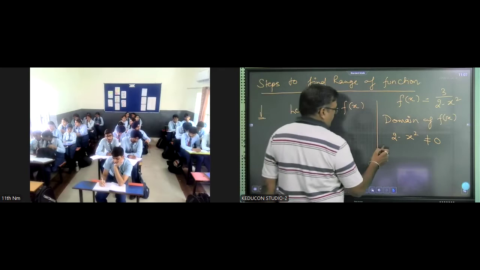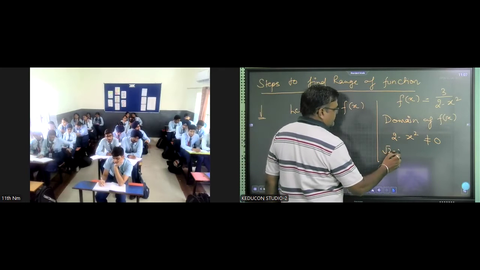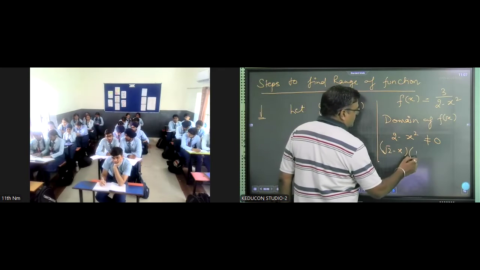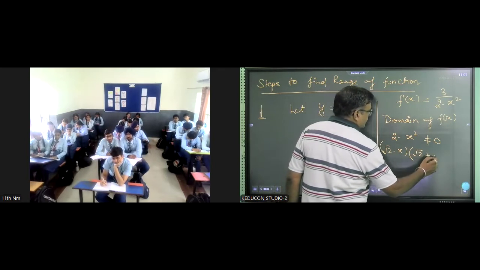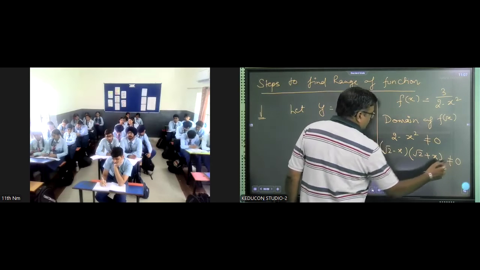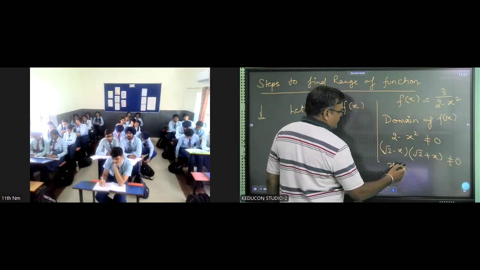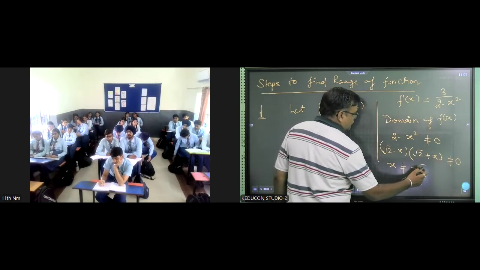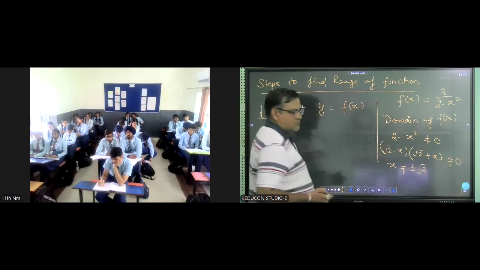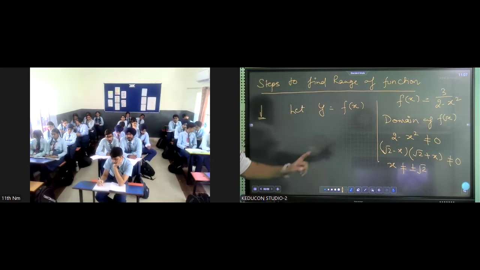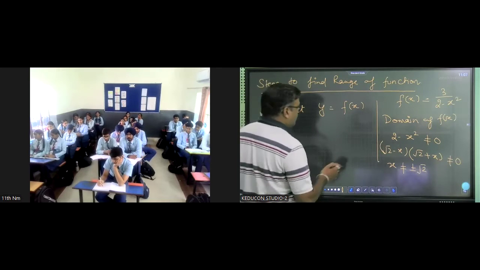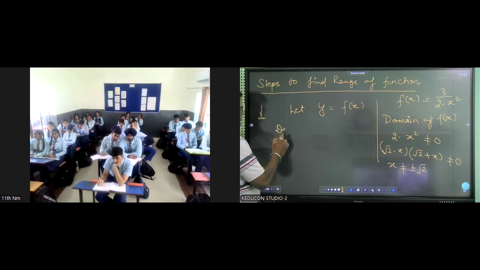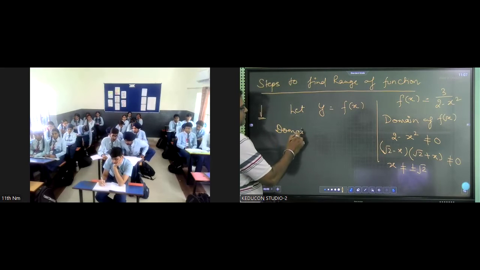Now, from here we get root 2 minus x, root 2 plus x not equal to 0. Therefore, x is not equal to minus root 2 and plus root 2. So these are the values x cannot be. What will be its domain?